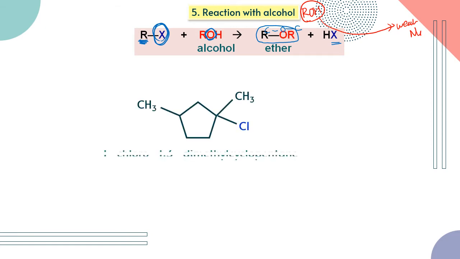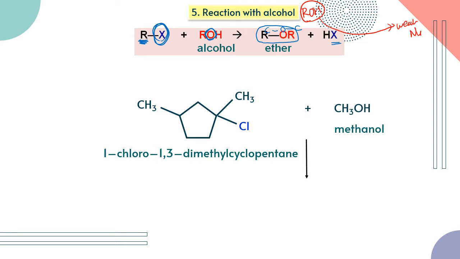For example, I have 1-chloro-1,3-dimethyl cyclopentane. I react it with methanol. What will be the product that we will get? This is a leaving group, meaning we know that this bond will break and a nucleophile will be attached to this particular carbon.